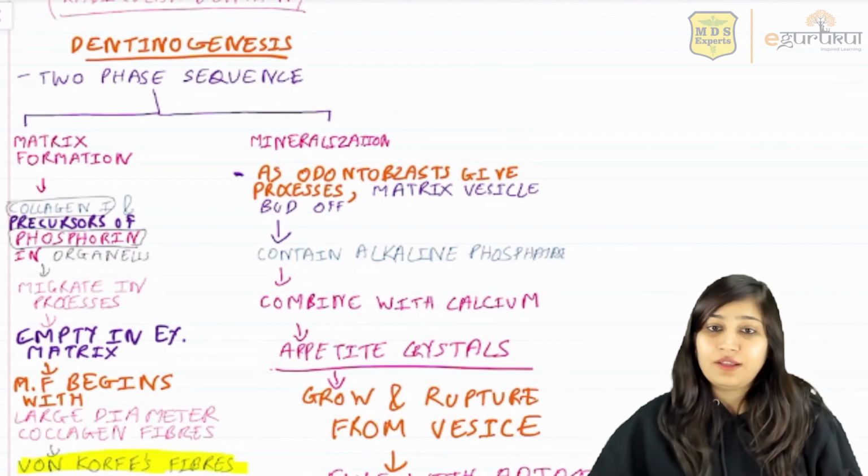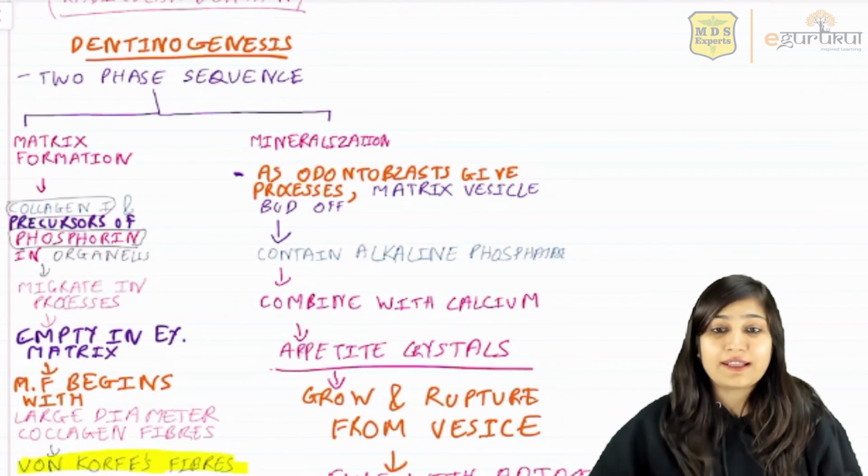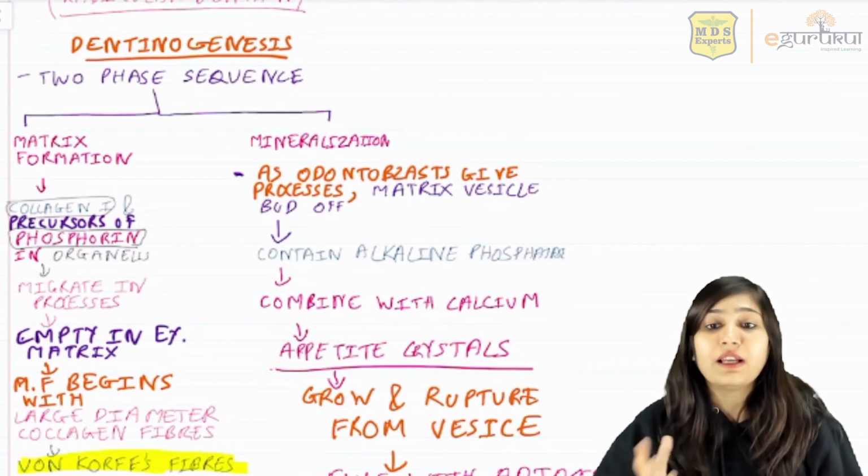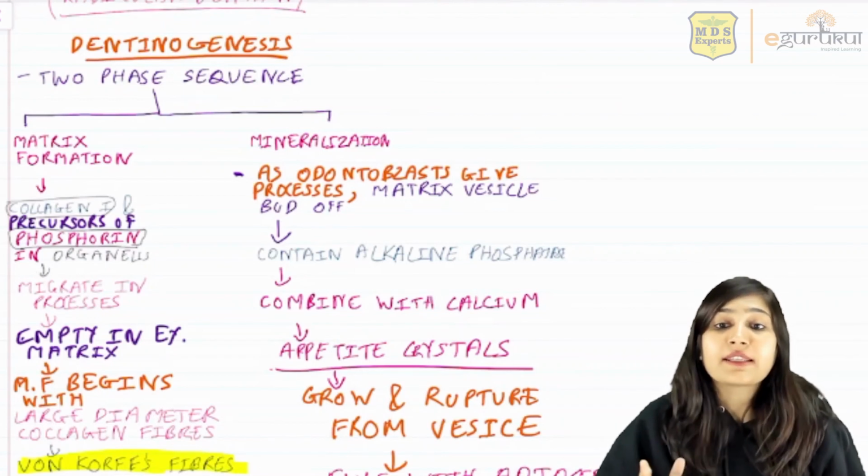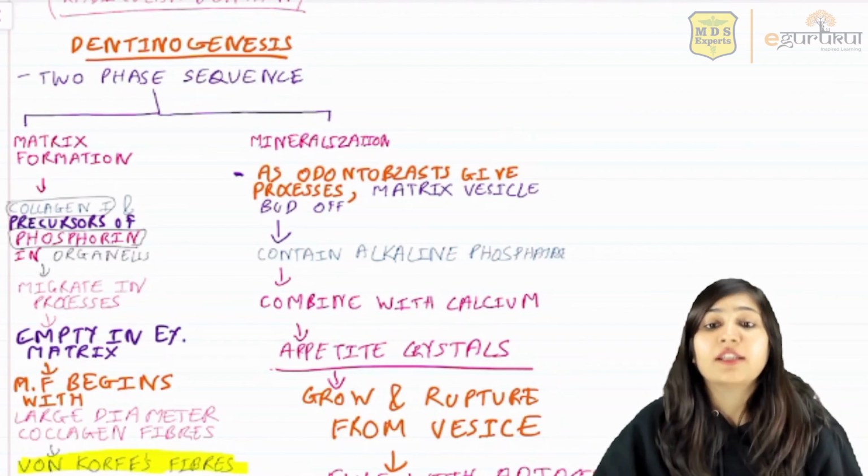Then for circumpulpal dentin, that is the next form of dentin which forms the bulk of the tooth, mineralization takes place by heterogeneous nucleation.